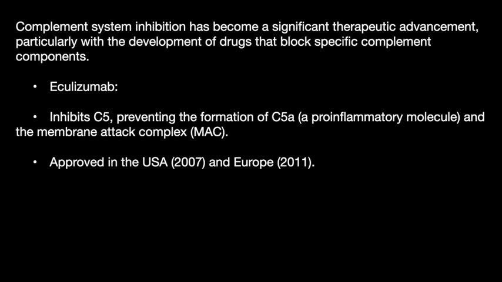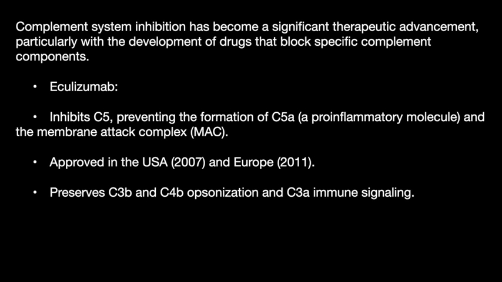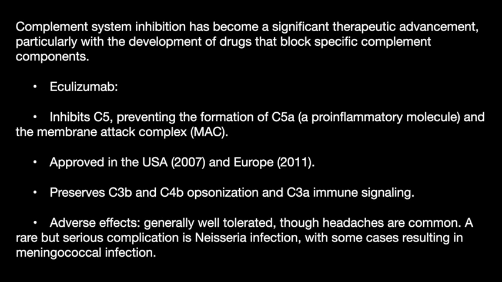It was approved in USA in 2007, in Europe in 2001. It preserves the C3b and C4b opsonization and C3a signaling systems. Though it's generally well tolerated, headaches are commonly seen. A rare but serious complication is Neisseria infection, with some cases resulting in meningococcal infection as well.